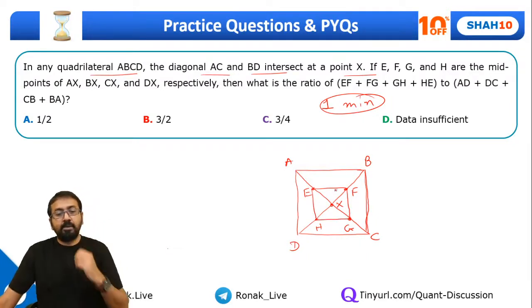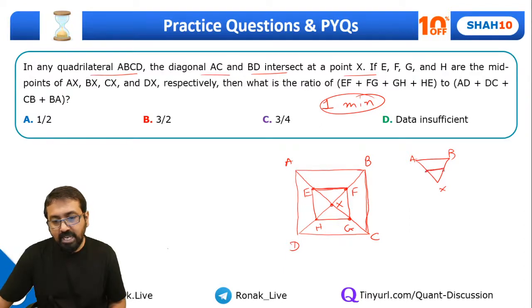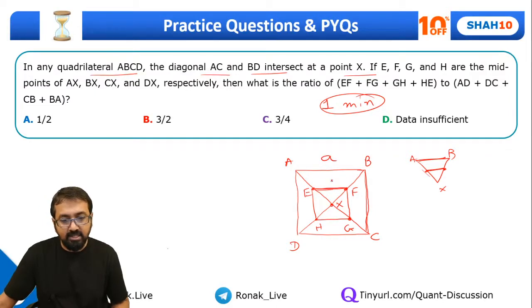Yeah. And this side, now look at this triangle XAB. Can I say this is the line joining the midpoint of these two sides? So it has to be half of the third side. So if this is A, this has to be A by 2. If this is A, this also has to be A by 2, and so on and so forth.